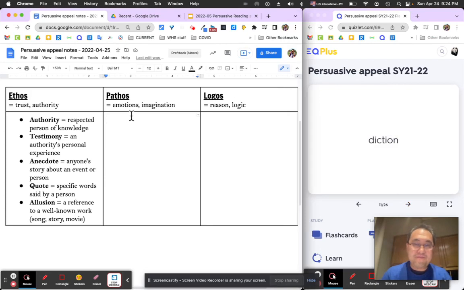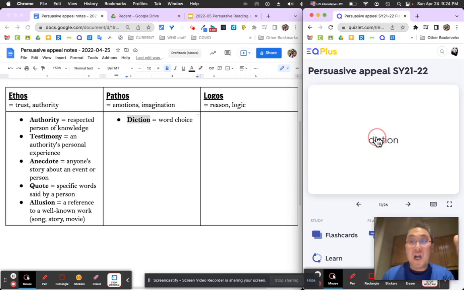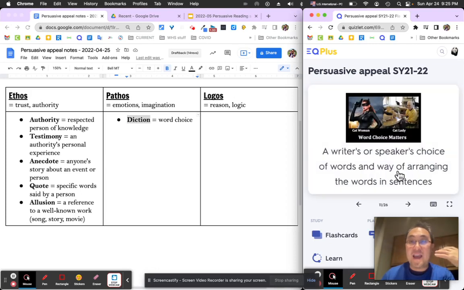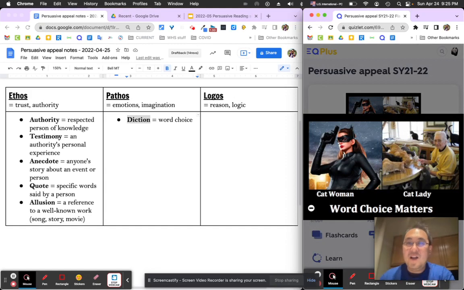Diction. It's your word choice. How you say things makes a whole mess of difference, right? How we talk about things, what words we say, makes a big difference. For example, this is a cat woman and this is a cat lady.